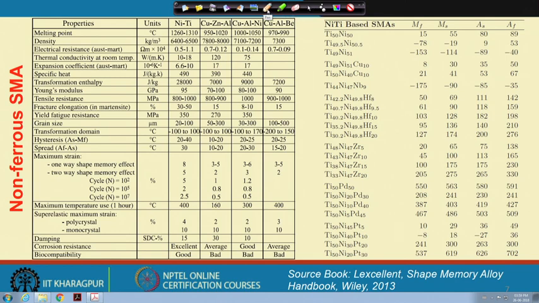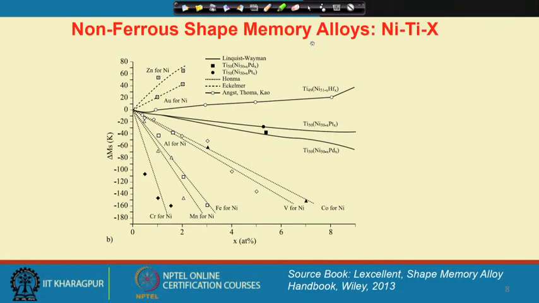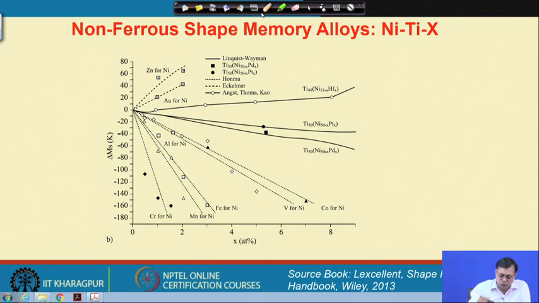If we critically look at some of these titanium-nickel systems, here I show x, the atomic percentage of ternary alloy addition in the nickel-titanium system, against the change in MS temperature, represented as delta MS. I am just talking about the change.